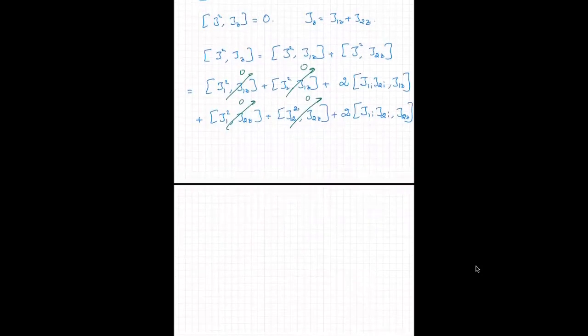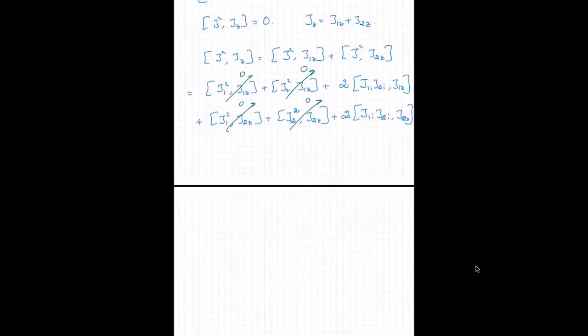So the 2 non-trivial commutators for our case are 2 times the commutator of J1i J2i with J1z plus 2 times the commutator of J1i J2i with J2z. Okay, so this is equal to 2. Now J2 commutes with J1 because they are 2 different matrices.